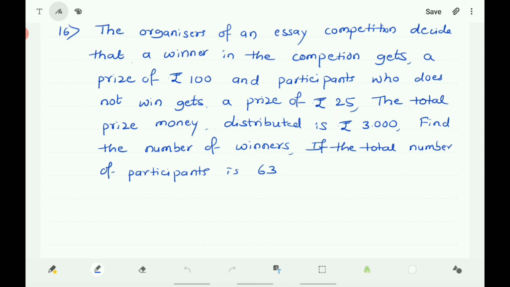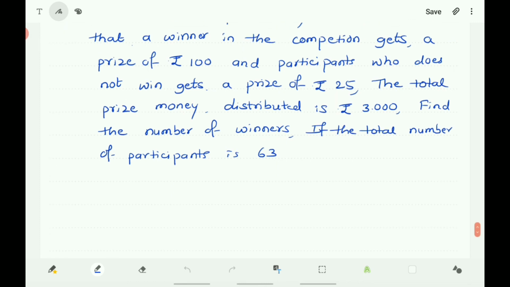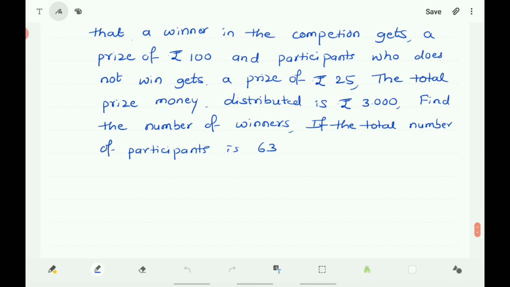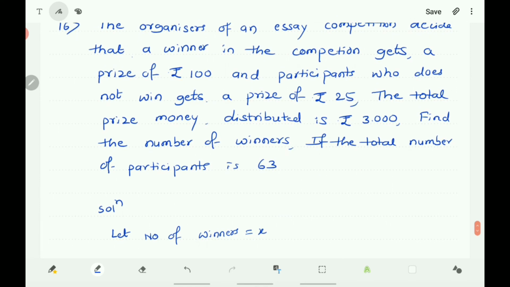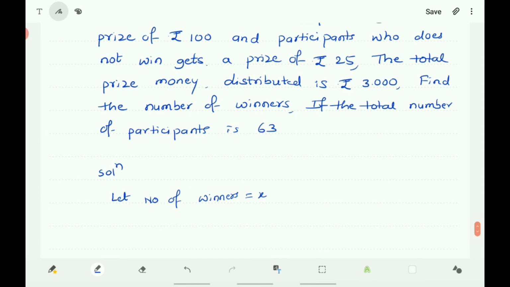Now let us consider the number of winners equals x. Let the number of winners equal x, and then the number of participants who do not win.